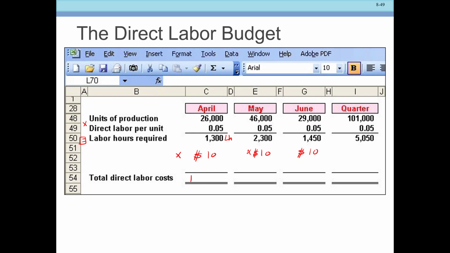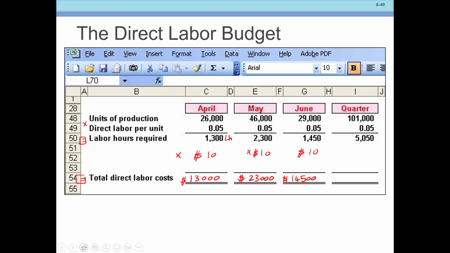And then the total labor cost will be $13,000, $23,000, $14,500. So if it is like that, I will stop here.